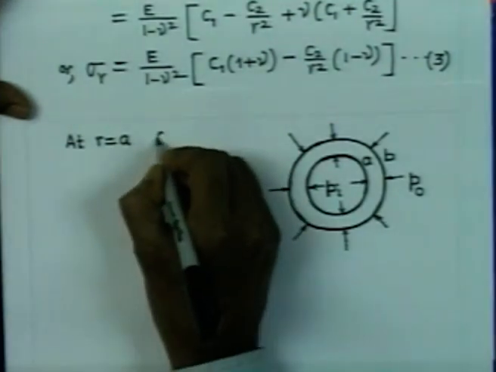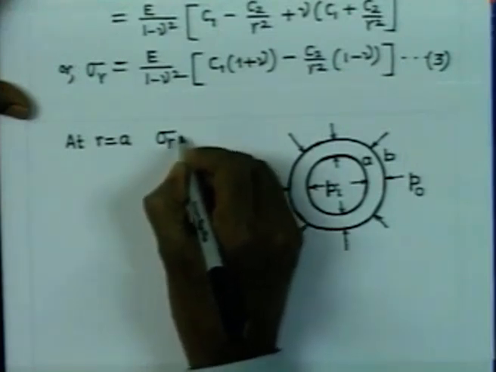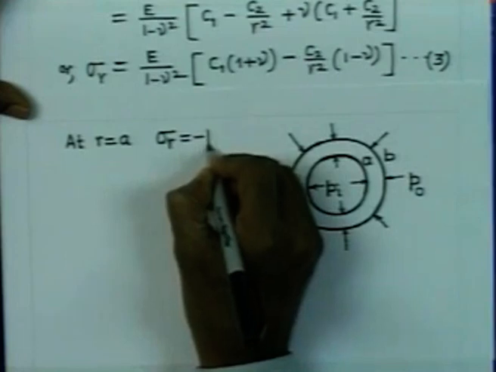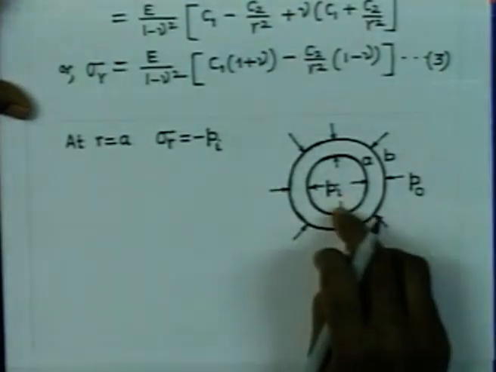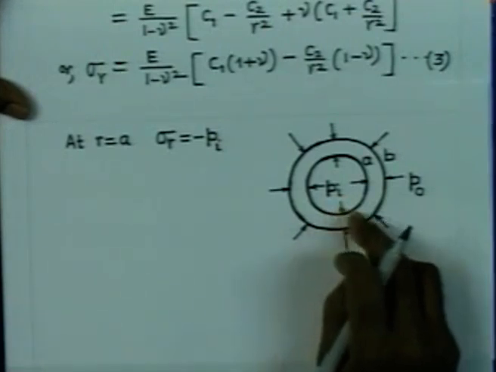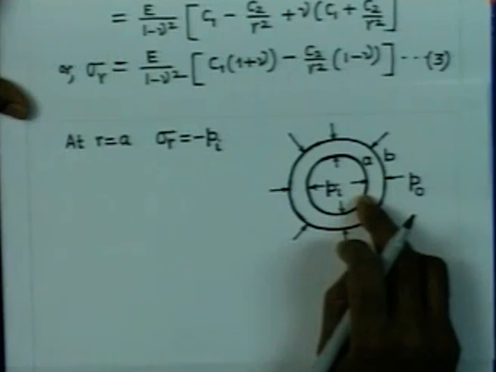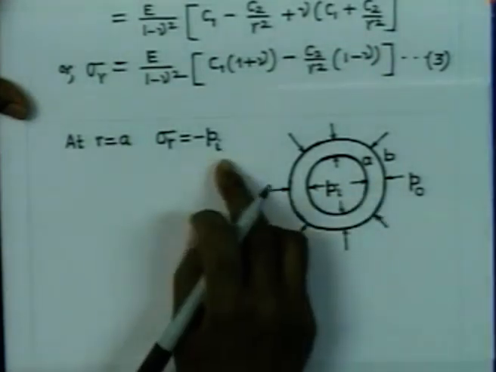The radial stress sigma r is nothing but minus Pi. So, the magnitude of Pi will be given to you, and therefore, the radial stress is just minus Pi.